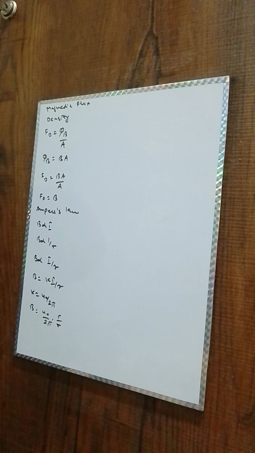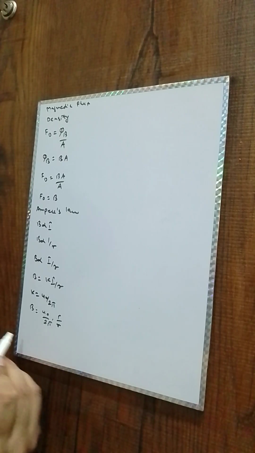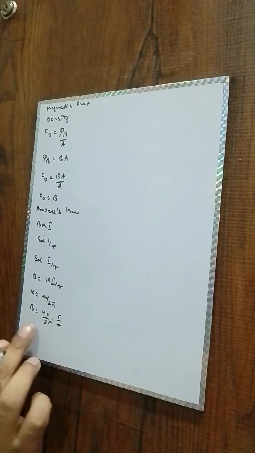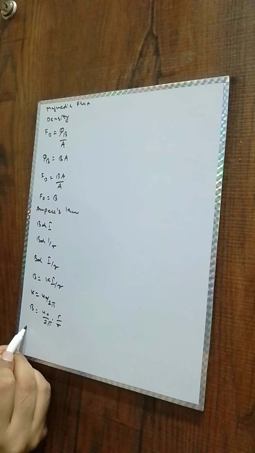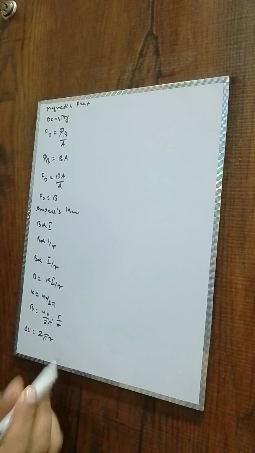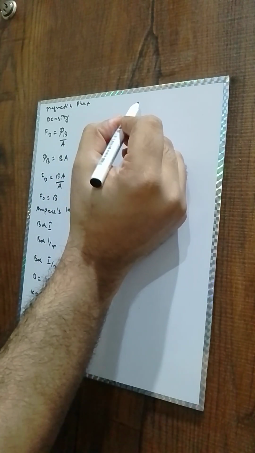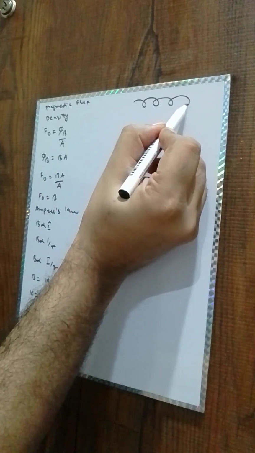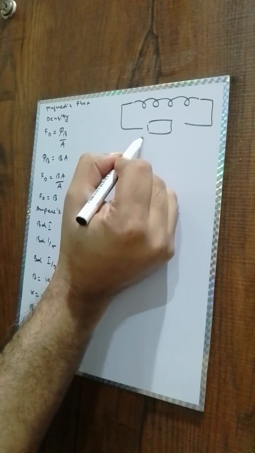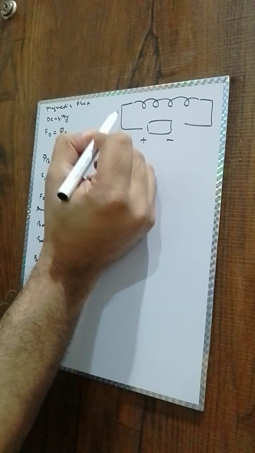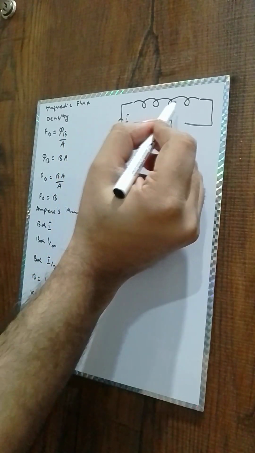In a solenoid, for a differential unit length, we have circumference 2 pi r. Let's say this is the solenoid, with the circuit inside, the battery terminals, current, and then the solenoid.